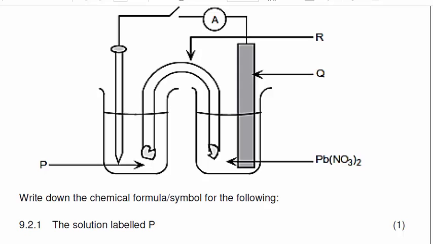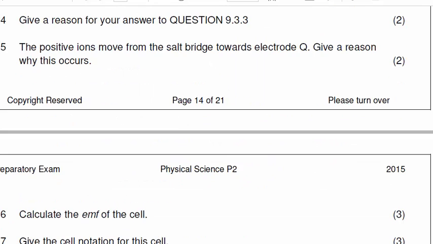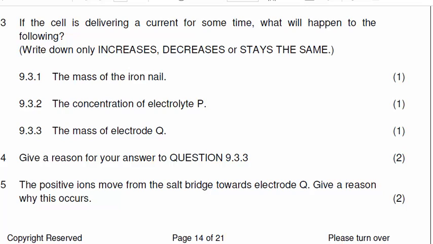So cations are being donated to Q, and therefore the electrolyte solution becomes negatively charged, because if it donated, it lost positive charges, and that is why the positive charges are moving from the salt bridge towards the electrode Q.